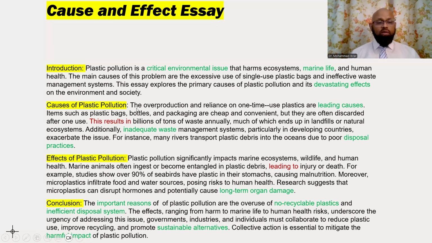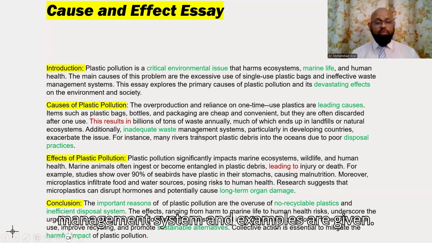And you see, if you look at the first paragraph, it begins with a main point, a main idea, of too much production and reliance on one-time use of plastic. Yeah, the causes. That's one cause. Another cause is about the poor management system, and examples are given.